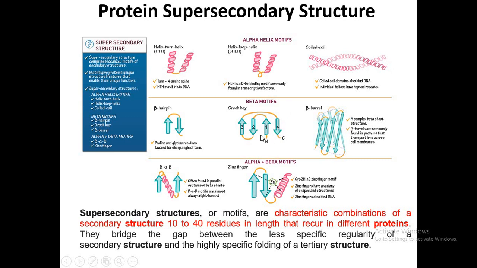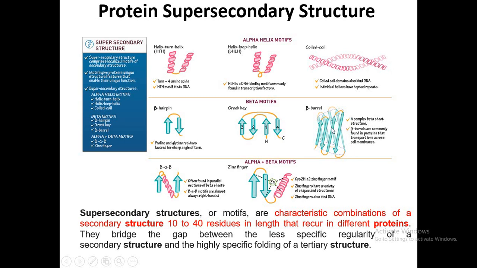If a motif is formed by joining of four different beta pleated sheets via a loop, it will be another type of beta motif. It is a beta barrel. So what is a beta barrel?